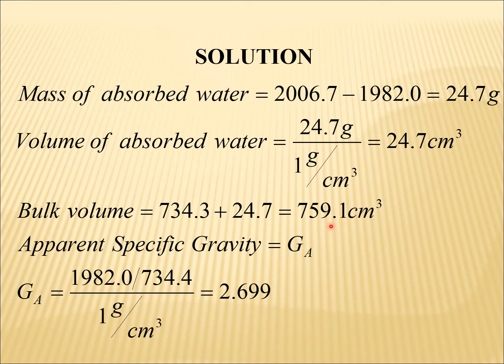First you can calculate the apparent specific gravity, and in the apparent specific gravity the net volume is considered. So 1982 divided by 734.4, this is the net volume, and in the denominator we have the density of water, so it comes to 2.699.